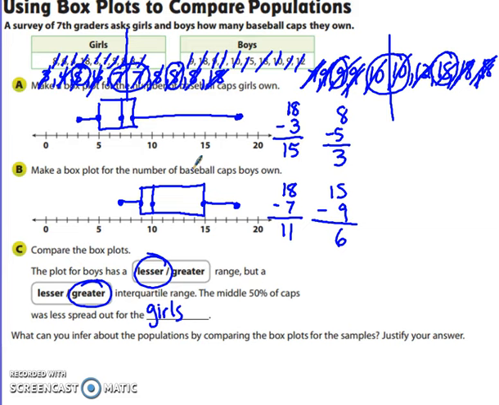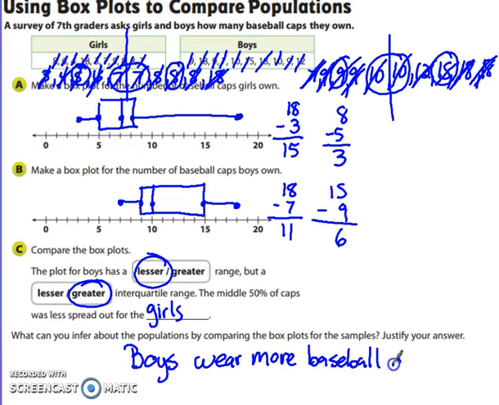Well, what we can infer is that if you notice, the boys are more shifted to the right than the girls. So what we can infer is that boys wear more baseball caps than girls.